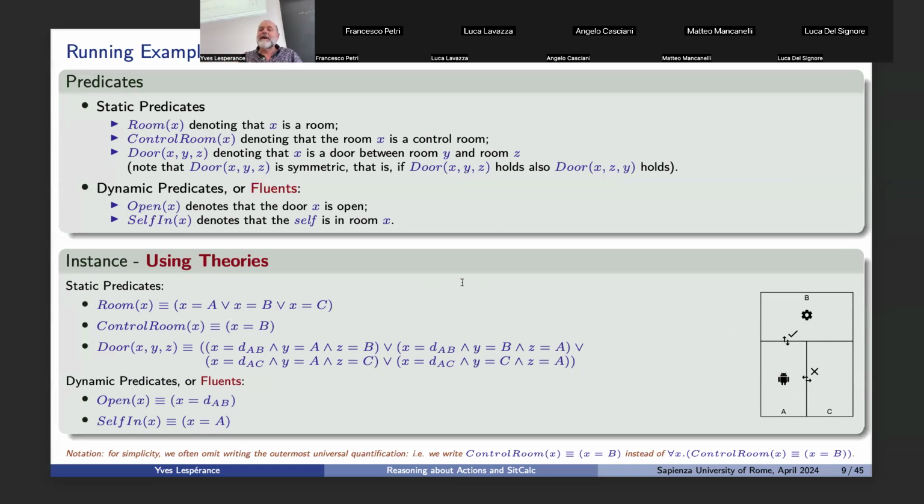It tells me for every relation, every predicate, whether it's true or false.